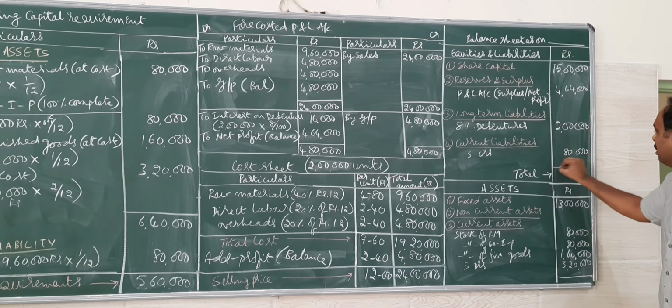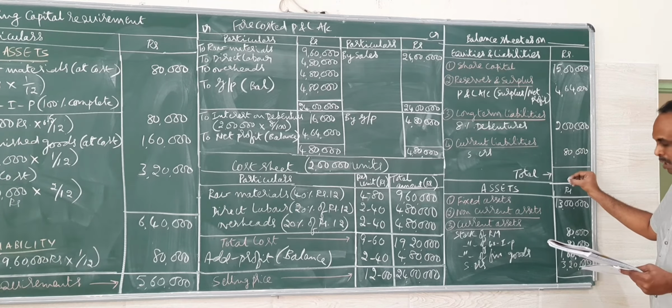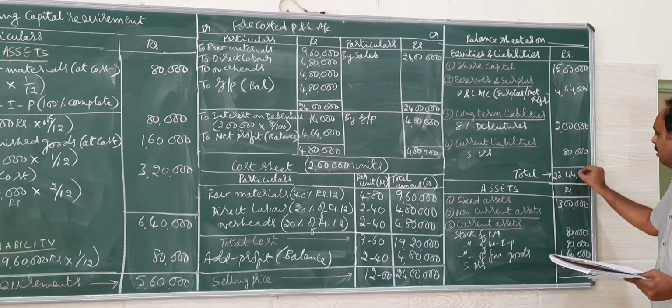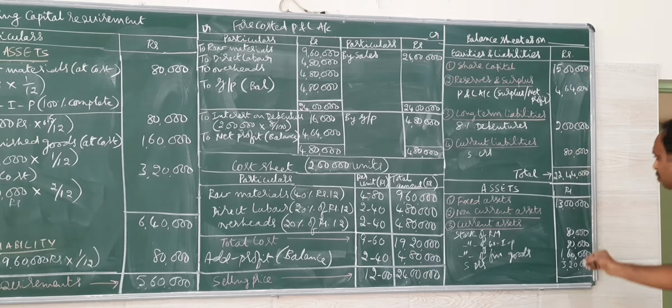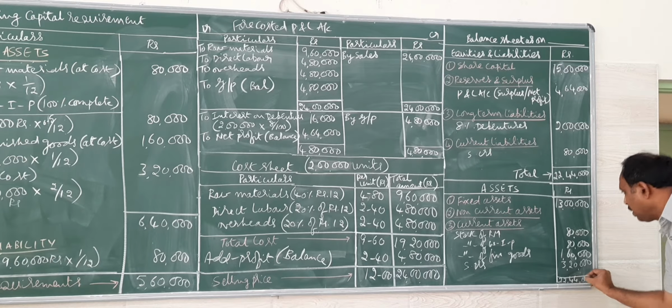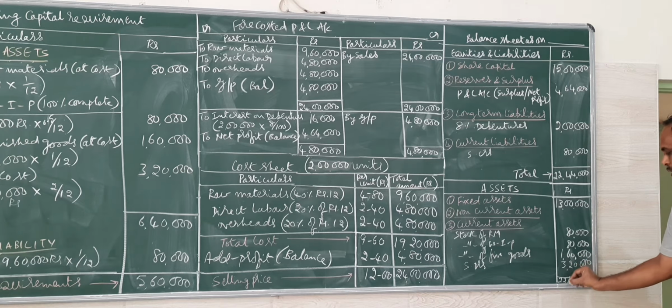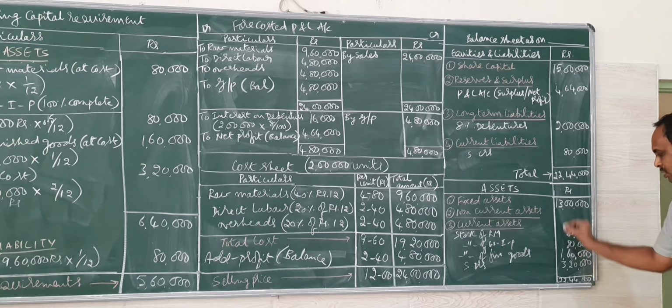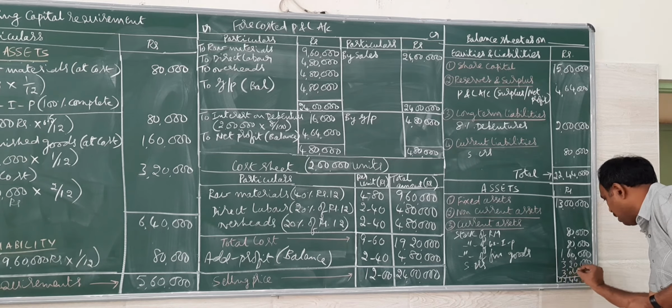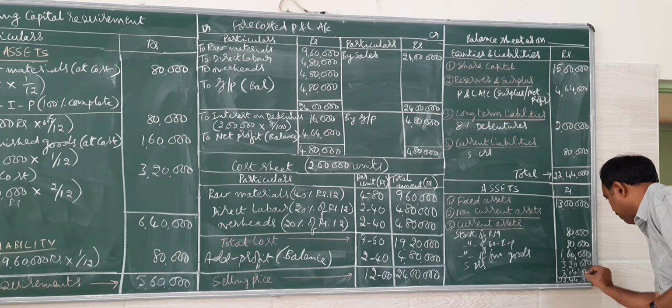If you total here, the liability is more, 22,44,000. I will carry this to the asset side. But if you total, assets are not equal to 22,44,000; there is a difference amount. The difference amount is 3,04,000.